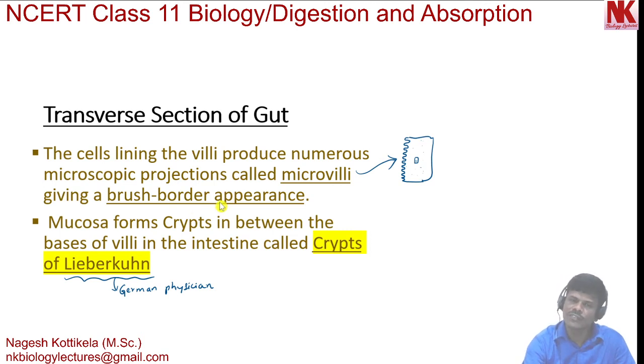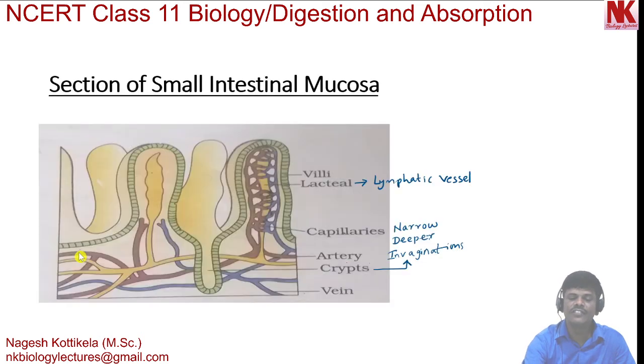Not only these modifications, mucosa forms crypts in between the bases of the villi in the intestine, and these crypts are called crypts of Lieberkühn. Here, if you see in the diagram, this is base of the villus. This is base of another villus.